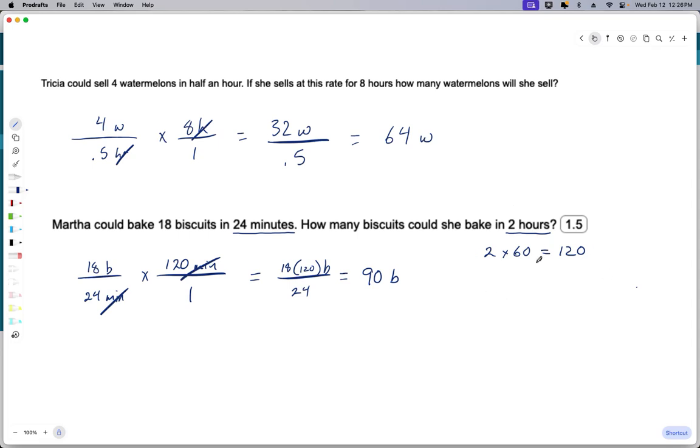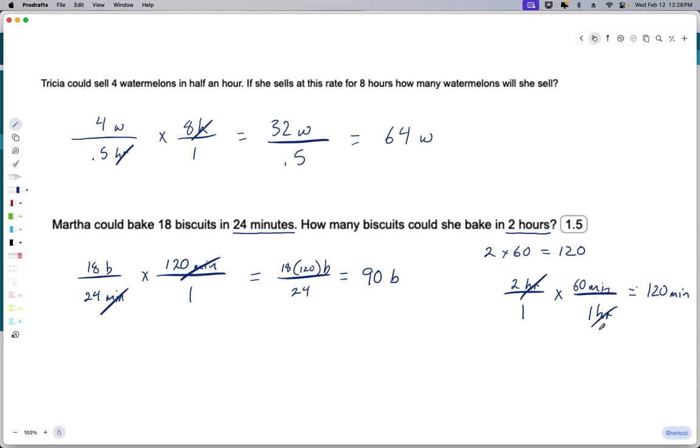And you could have just as easily taken this and said, okay, 2 hours, right? I did it the quick, fast way. You could have said 2 hours is the same thing as, I know there's 60 minutes in 1 hour. 2 times 60 is 120 minutes, which is what I did here.